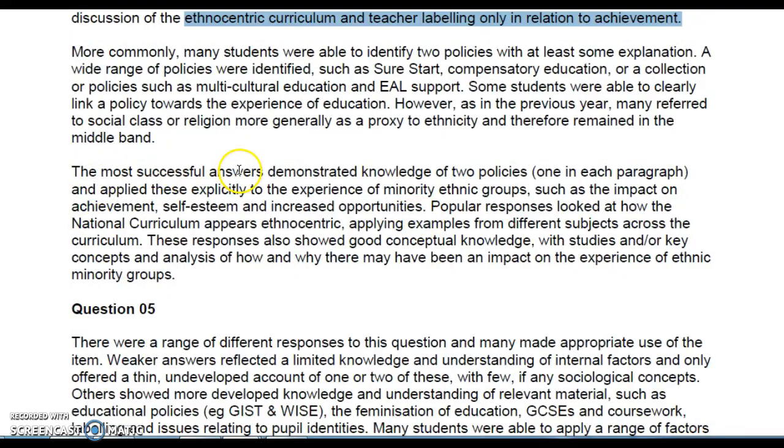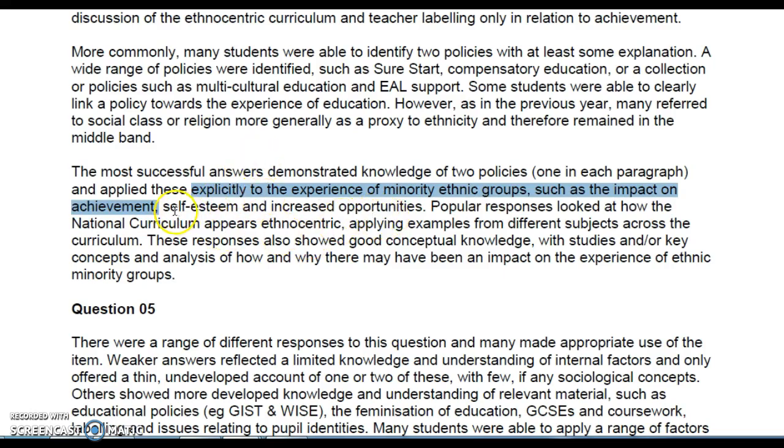So in looking at the successful answers, if you want to be getting in the top band, you had two policies, one in each paragraph, and both of these policies were explained explicitly to the experience of a group, such as achievement or self-esteem, or increased opportunities or decreased opportunities.